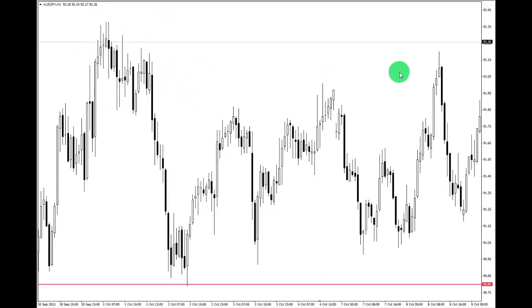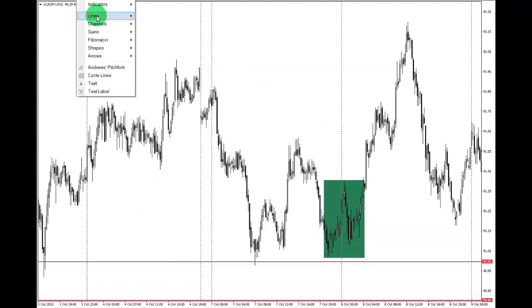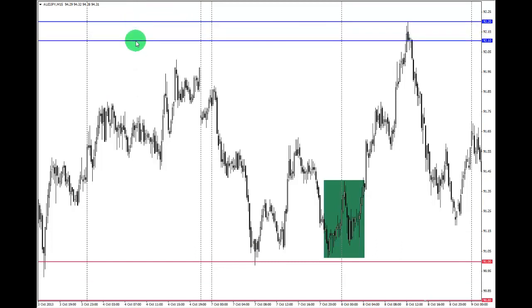Okay, and we just discerned how we can pull out the institutional levels inside this larger consolidation. So with that in mind, we know we have 92.10 to 92.20 as respectable levels to concern ourselves with. So let's put those in on this particular chart. Okay, so there's our two levels to look at.